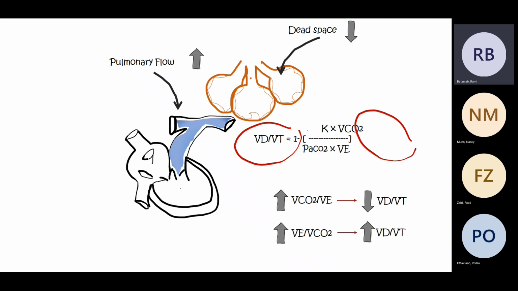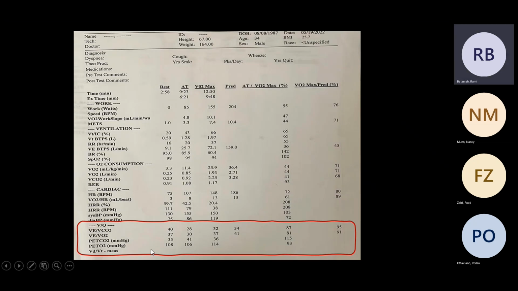It should go down. So when we go back to the test, it's called the ventilation perfusion part. We have the VD/VT and we have the VE/VCO2. So the VE/VCO2, we look at it, and the VD/VT as well.